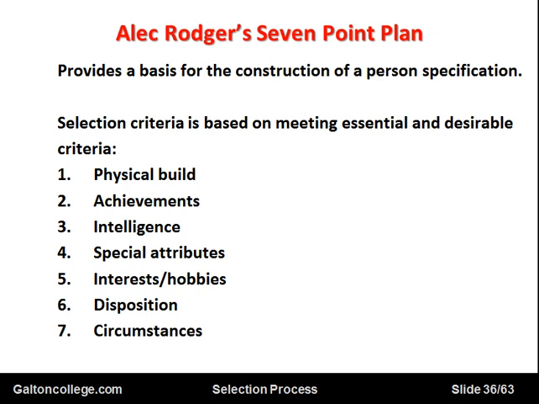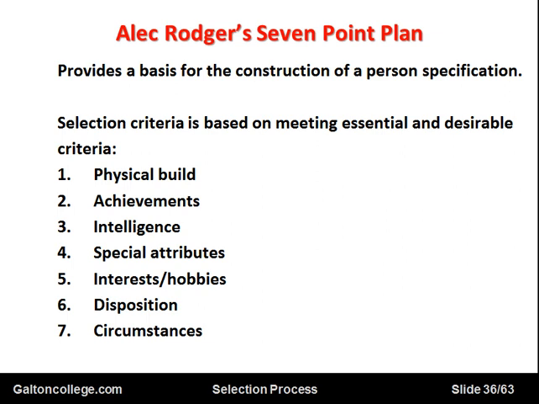And what are their circumstances? What's their background? Are they married? Do they have family obligations? Do they live locally? A lot of these issues may influence the decision process.